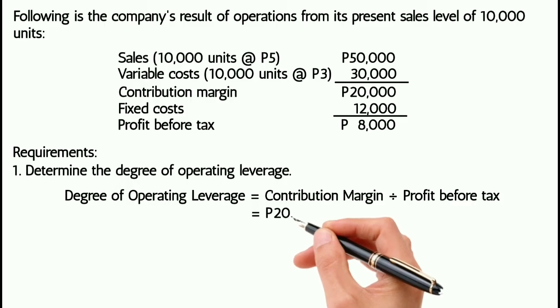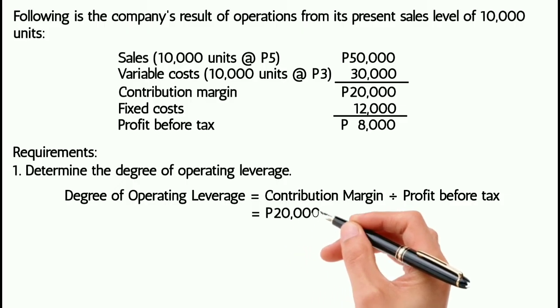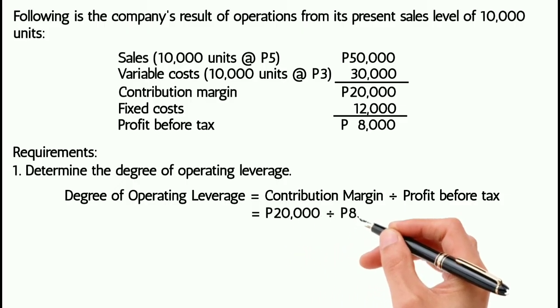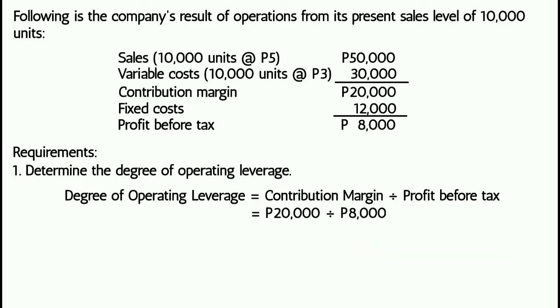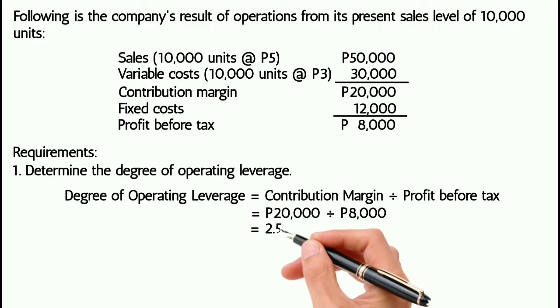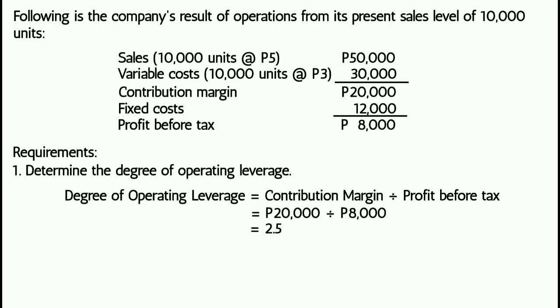Ang contribution margin ay 20,000 pesos at ang profit before tax ay 8,000 pesos. 20,000 pesos divided by 8,000 pesos, that is equal to 2.5. And that is the degree of operating leverage. Therefore, 2.5 is the answer in requirement number 1.